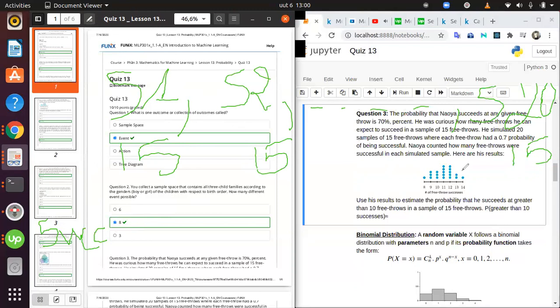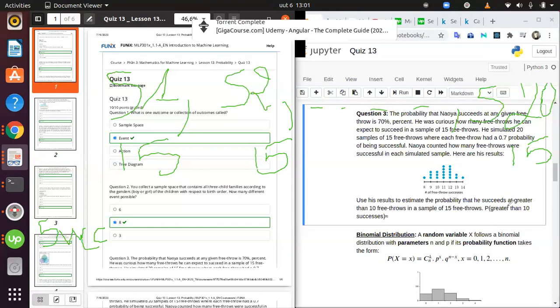Now they are asking you what's the probability that he got more than 10 successes? Here you see, there are 3 cases where he got 10 successes over the 20. Here there are 5 cases where he got 11 successes over the 20 samples. There are 5 cases where he got 12 successes.